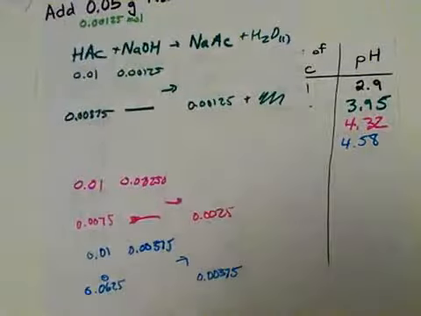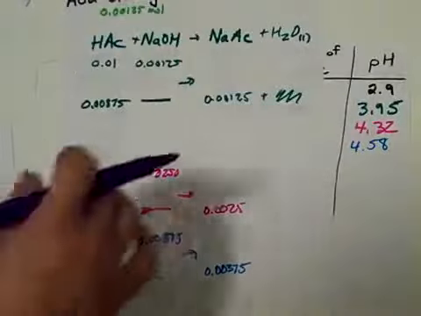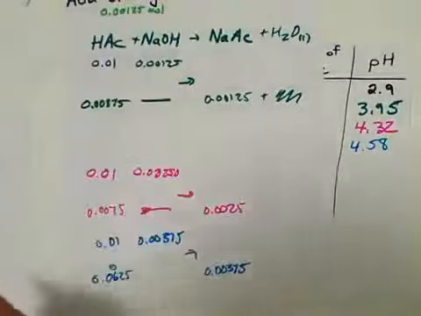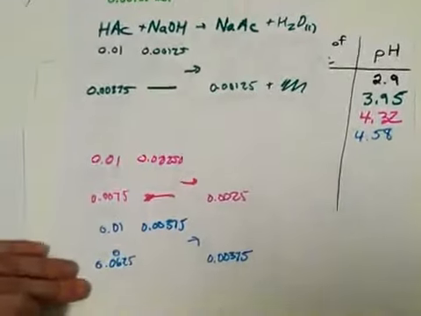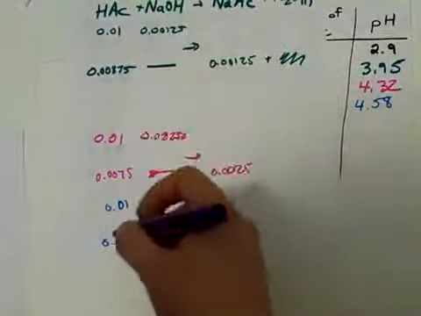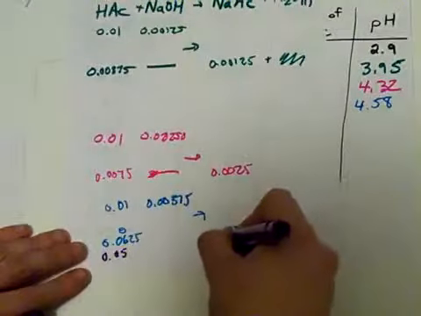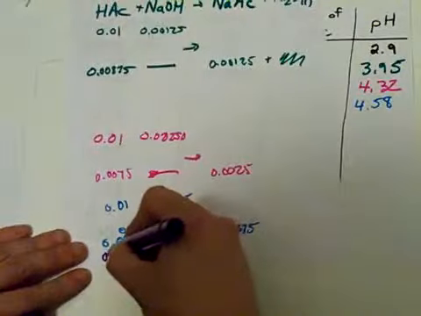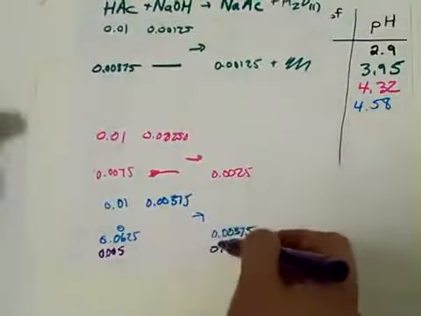So what I'm going to do here is take a little shortcut. You can just follow along by doing the calculations yourself and pausing the video. After we add another 0.05 grams of NaOH, we end up with 0.005 of these and 0.005 of these. Oh, wait a second.